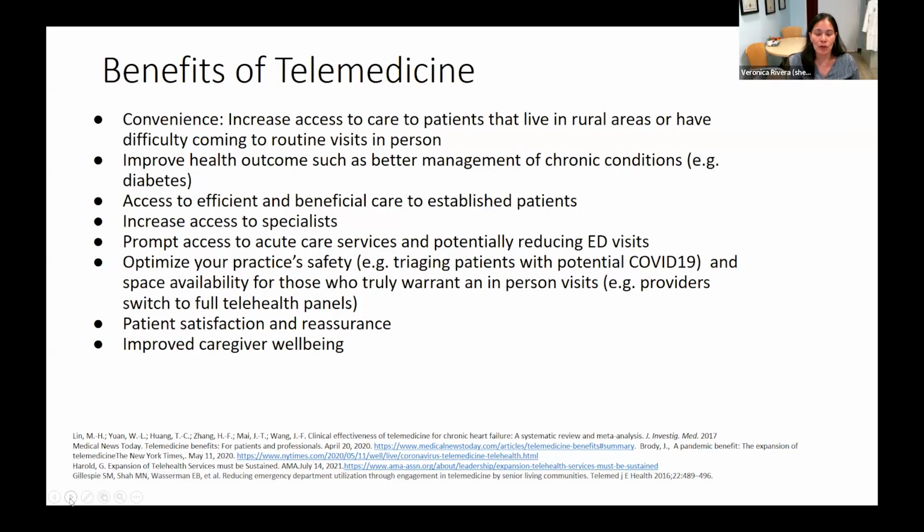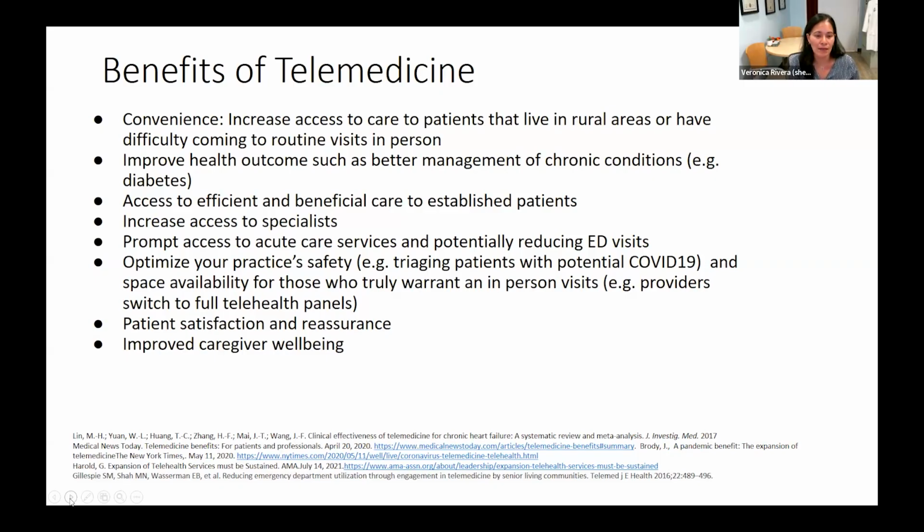For example, even in concentrated cities like New York, we have patients who become homebound due to functional impairment and environmental constraints, and telemedicine and telehealth have ultimately allowed us to have increased access to these patients. We have seen improved health outcomes because of telemedicine in the management of chronic conditions like diabetes and hypertension.